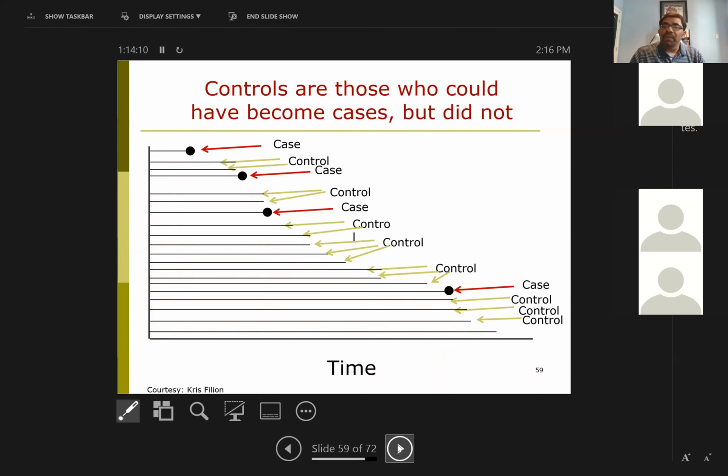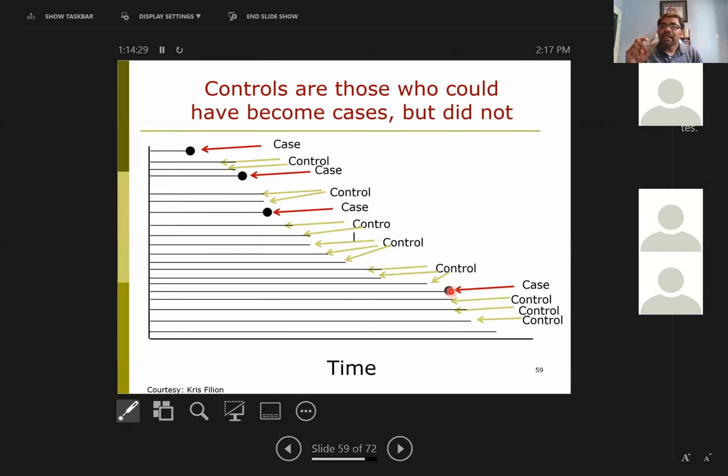But what we could do, instead of doing this long, painful waiting, is start off with people who develop heart disease in a region, for example, Framingham. We get all the black dots and we recruit them into the study as cases.